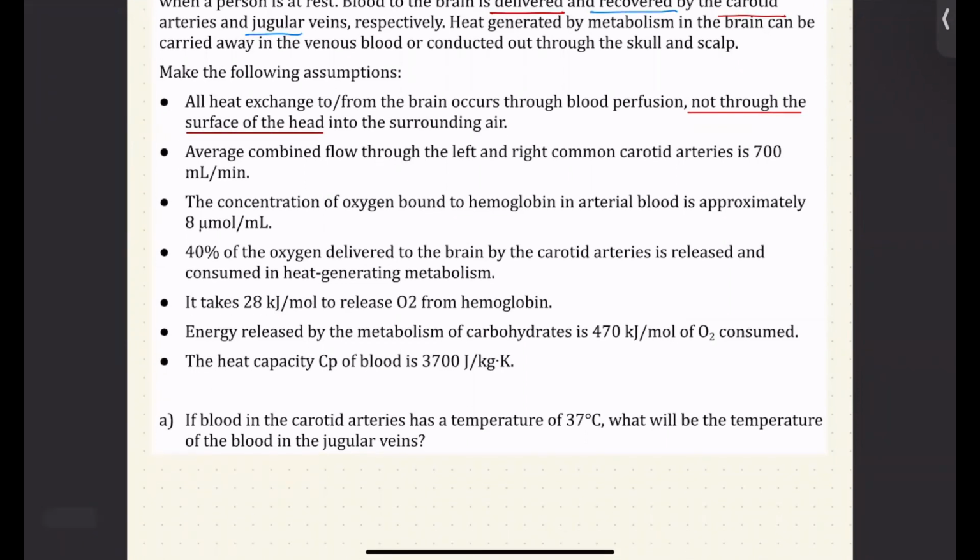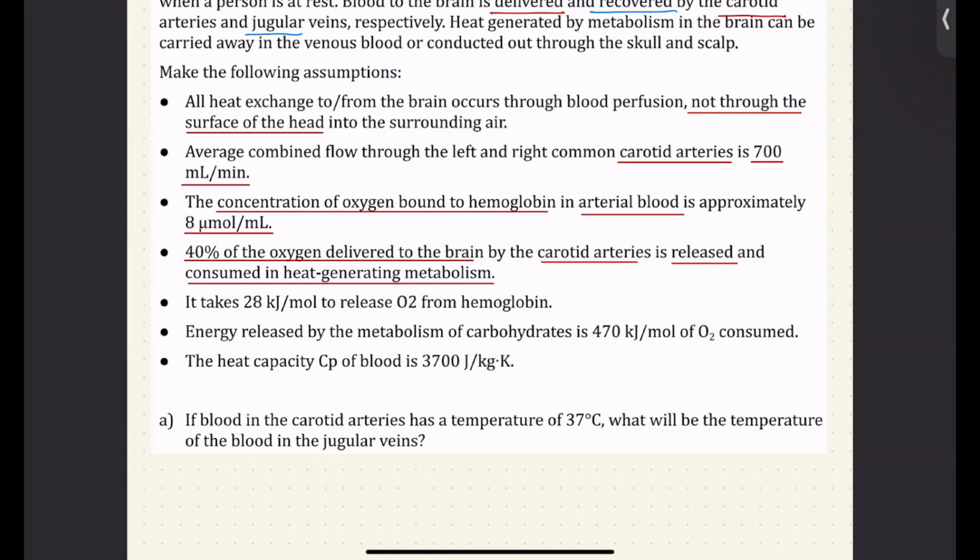So we have average combined flow through the left and right common carotid arteries. So we can just say carotid artery flow is 700 mils per minute, okay? And we have the concentration of oxygen bound to hemoglobin in arterial blood is approximately 8 micromolar per mil, okay? 40% of the oxygen delivered to the brain by the carotid arteries is released and consumed in heat-generating metabolism.